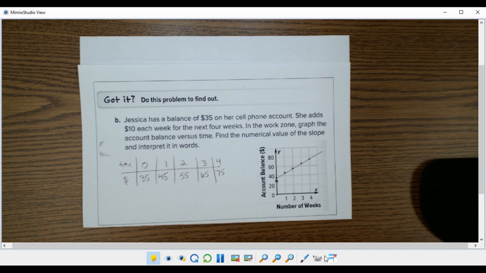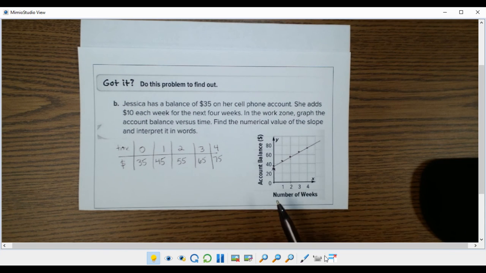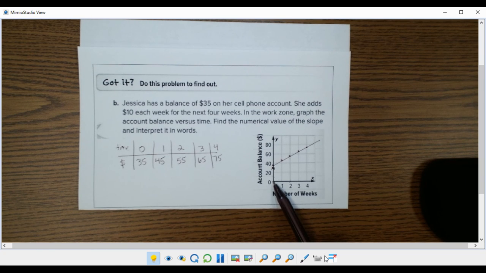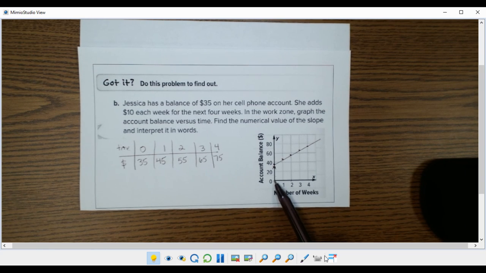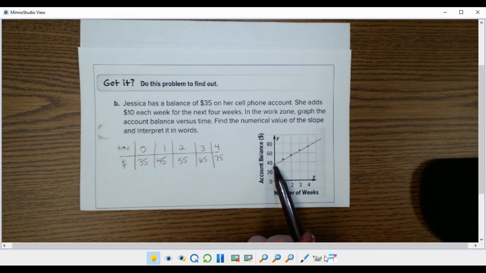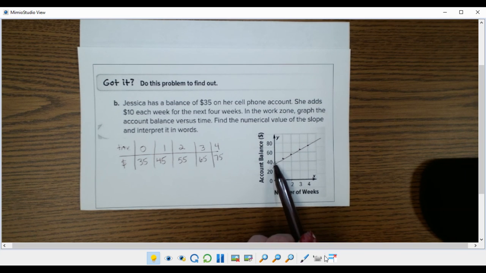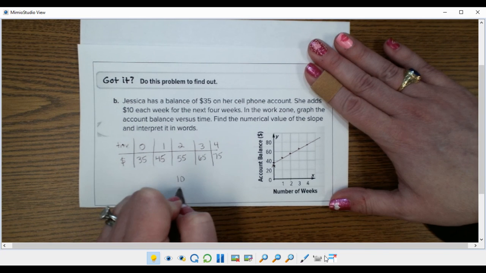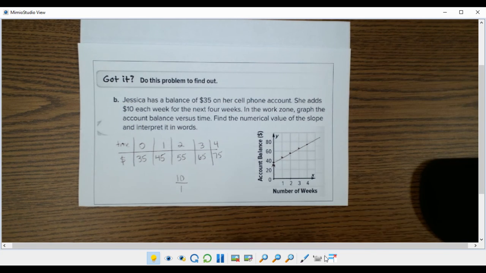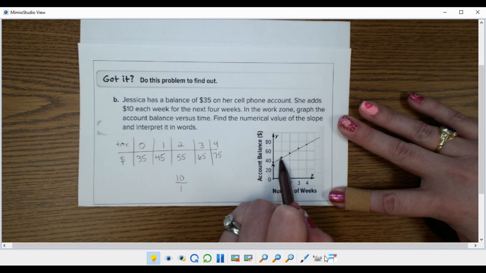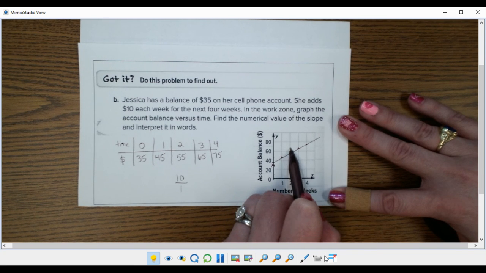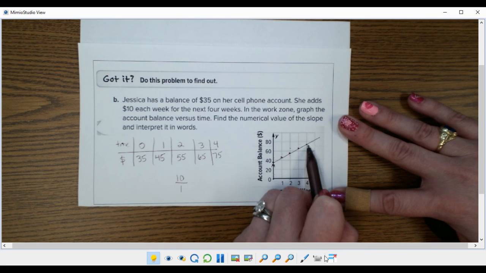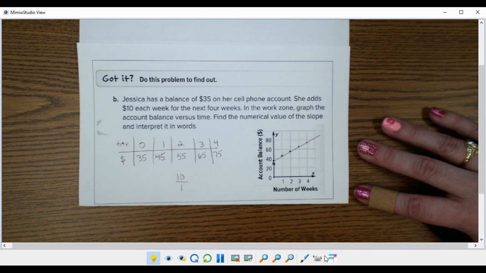What do you notice? It doesn't go through the origin. That's okay. We can still find the slope. How much did I go up and how much did I go over? Each month I went up by 10 and I went over by 1. Sorry, each week. So up 10 over 1, up 10 over 1, up 10 over 1, up 10 over 1. It actually doesn't matter where we start for this case.